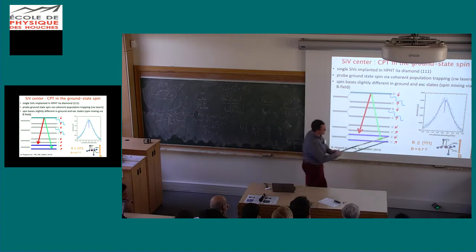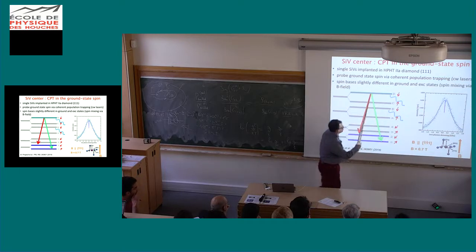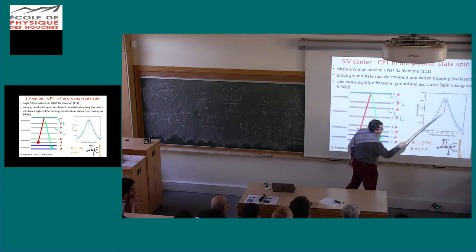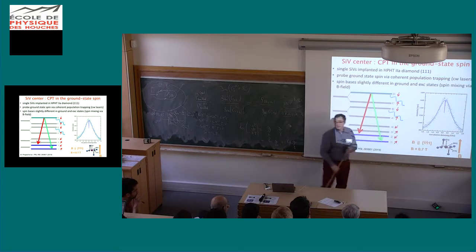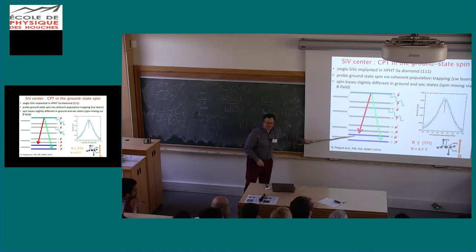And it's exactly what you see here. When you scan the two-photon detuning on this Raman transition, you observe a narrow dip at the resonance, which is the coherent population trapping in the dark state combination.